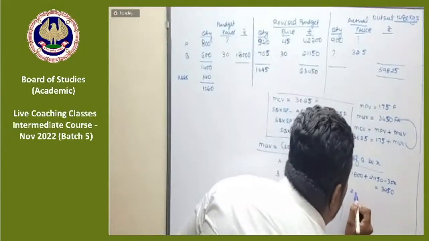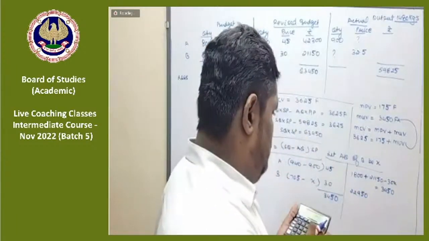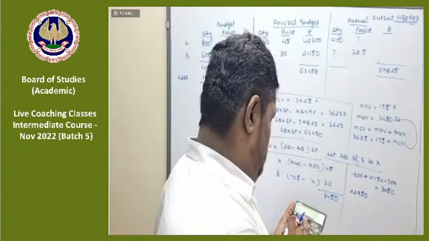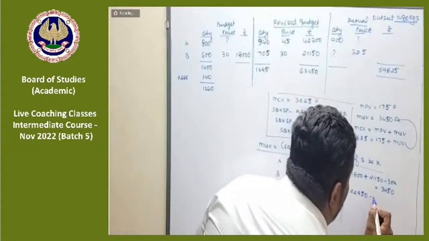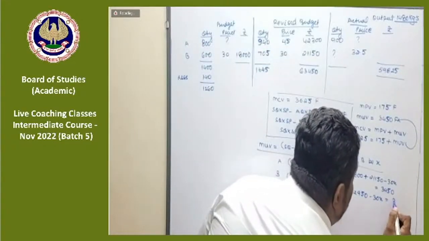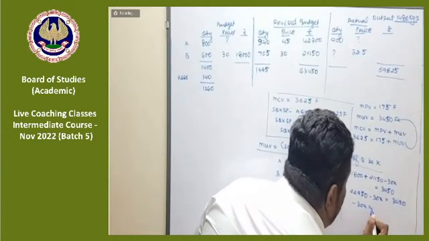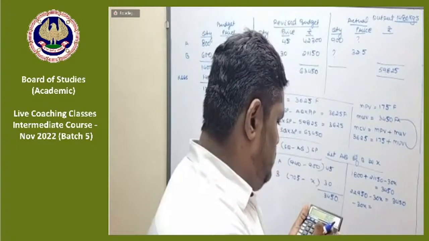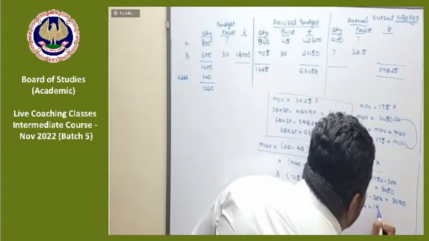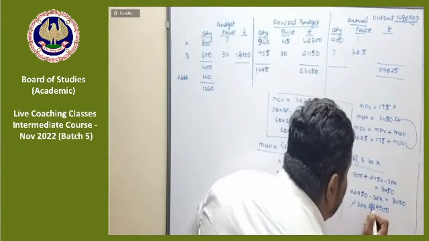So 22950 minus 30x should be equal to 3450. So minus 30x should be equal to 19,500 minus 19,500.